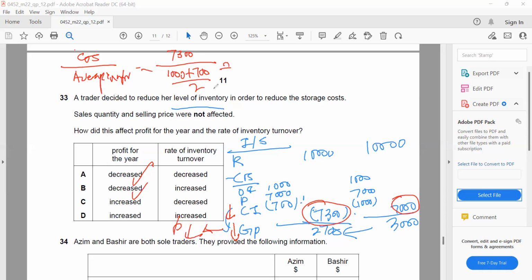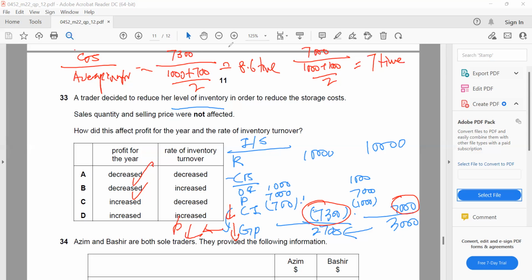So 7,000 divided by 2, we get about 8.6 times. But if you use 7,000 over 1,000 plus 1,000 divided by 2, we will get 7 times.